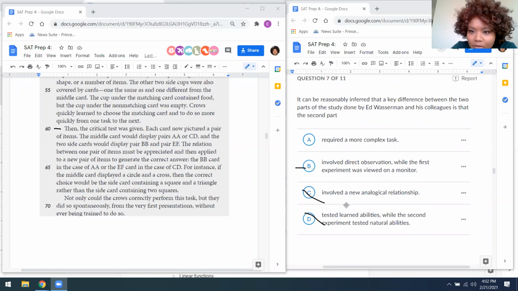Okay, let me read this chat message. I think what it meant is which difference had affected the result of the study. It didn't matter whether it was viewed on a monitor or done through direct observation. Yeah, that's a good point.